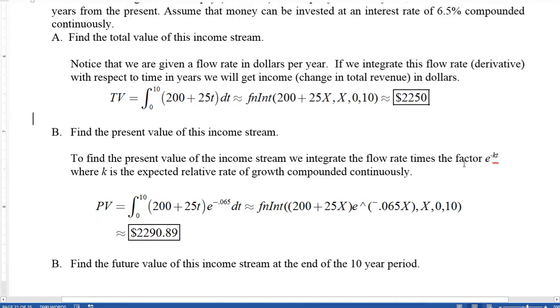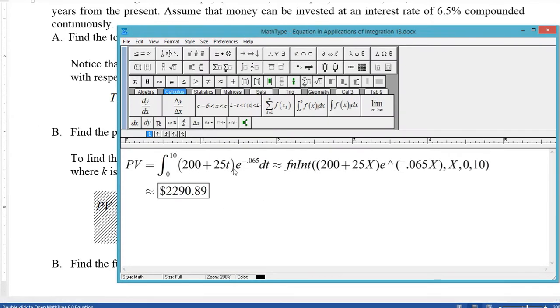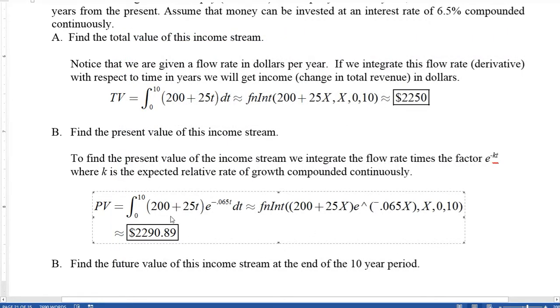Well, for the present value, you take this same integral, but you also multiply the integrand by this factor e to the minus kt. And that should have a t right there. And I do have it right there. It's an x in the calculator. And so we could do that integral.